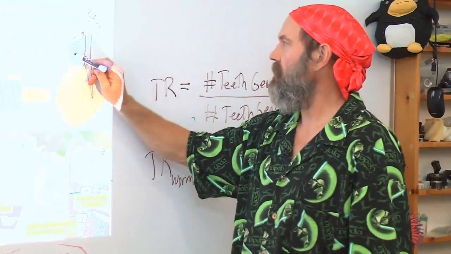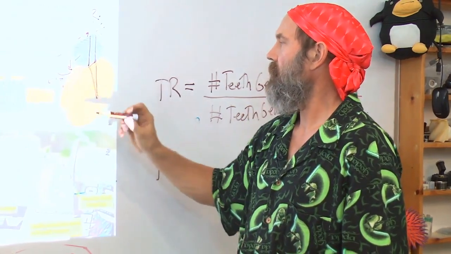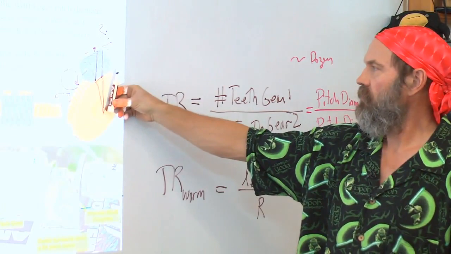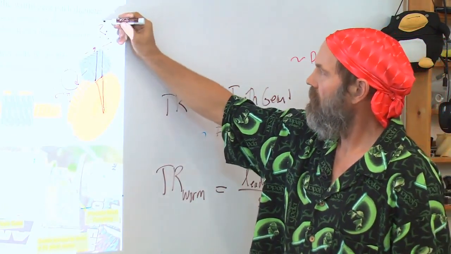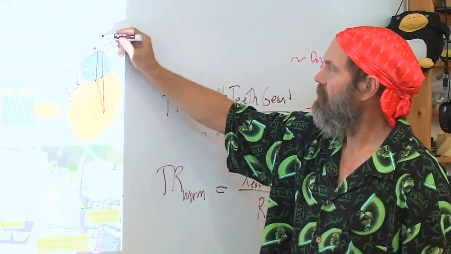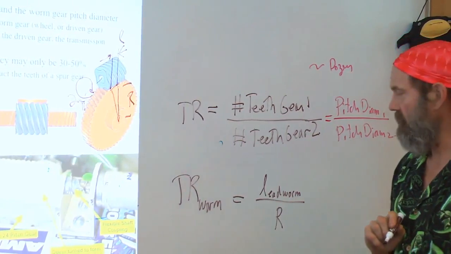So when this worm goes 2 pi in rotation, the worm wheel goes by the lead. This should be lead here. And this is the radius, divided by the radius.